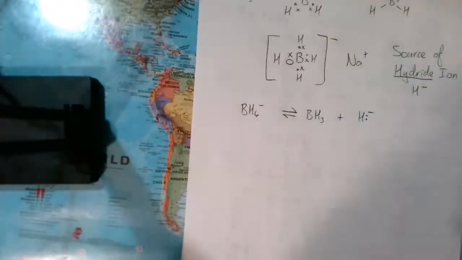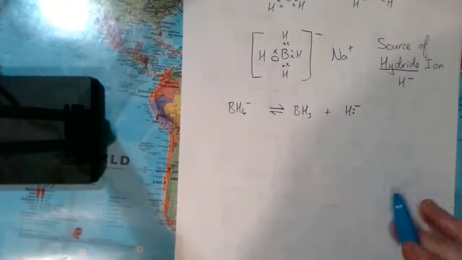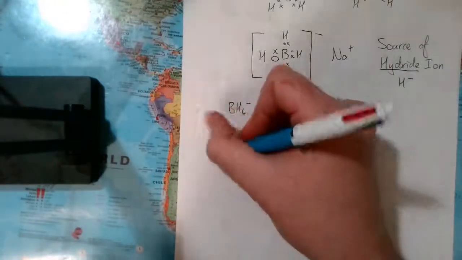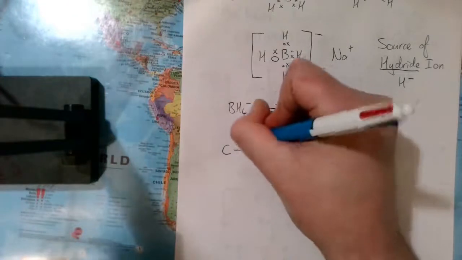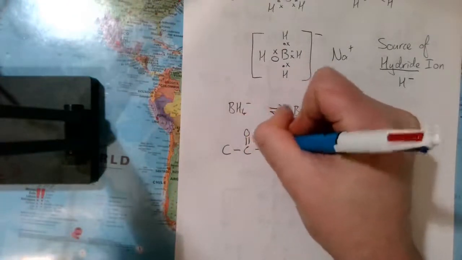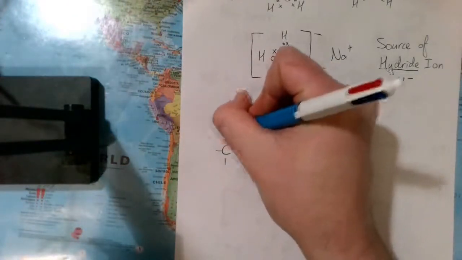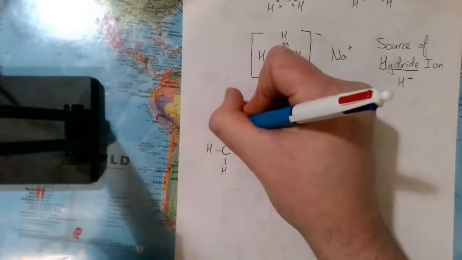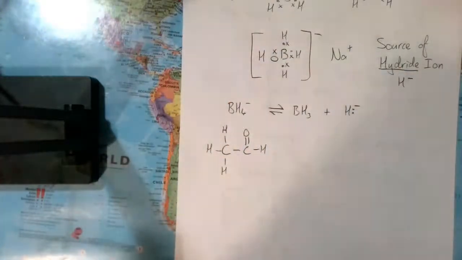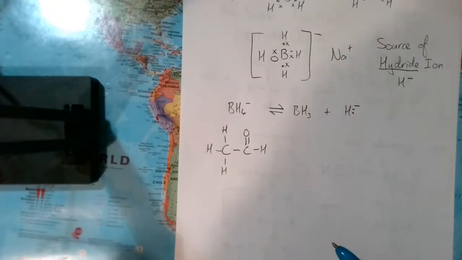So let's say we pick a carbonyl. Let's do ethanal. Please try drawing ethanal, pausing the video and adding the dipoles and figuring out what will happen yourselves.